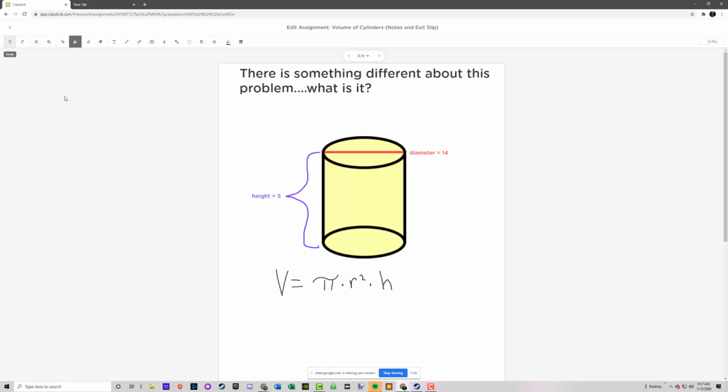Now, if you know the diameter, you can still make a change to this problem to where you can solve it. Because if you know the diameter of a circle, you also know the radius of that circle.